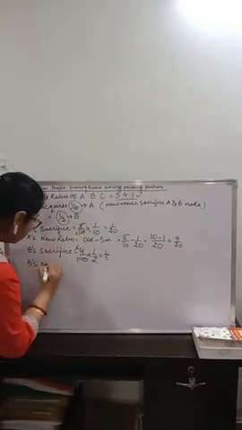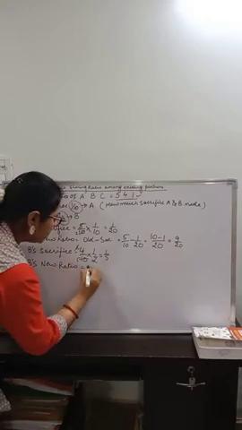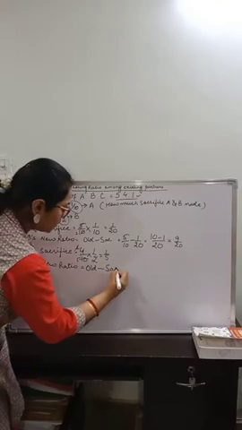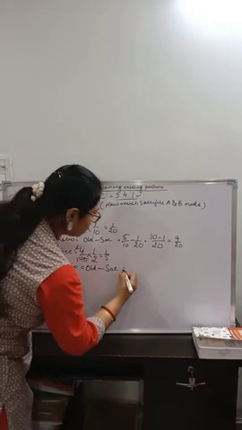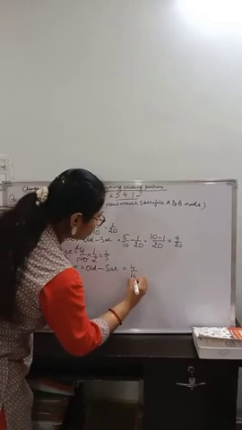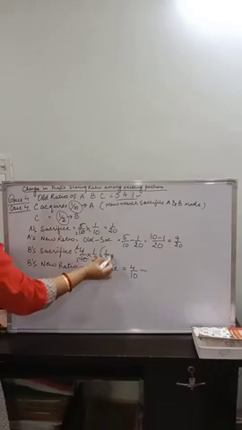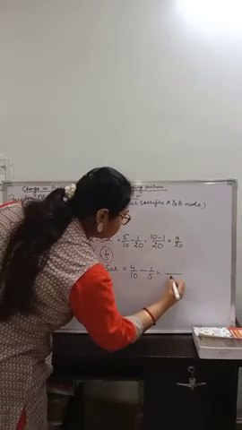Now B's new ratio is B's old ratio minus the sacrifice made by B. This is B's old ratio 4 by 10 minus the sacrifice made by B, which is 1 upon 5.